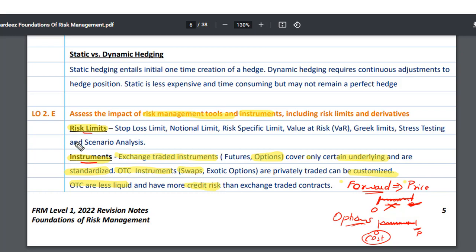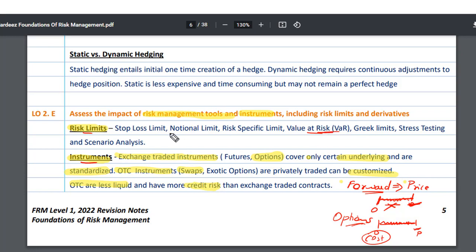Talking about risk limits, there are specific risk limits as well. For example, if I'm using VAR as the risk limit and my VAR is breached, if it exceeds the VAR, then as a risk manager or chief risk officer, I will communicate to the management that our risk limit has been breached.